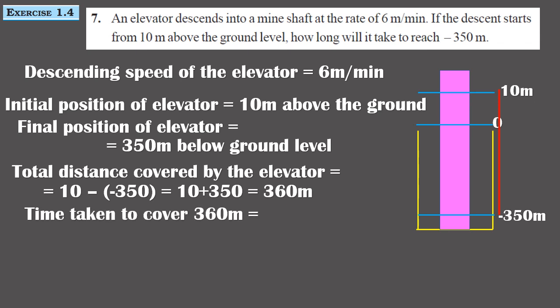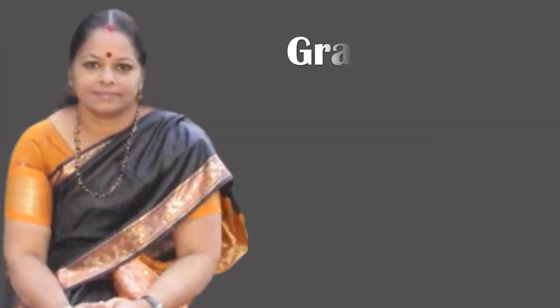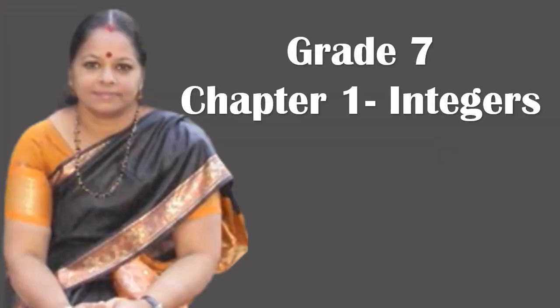So the time taken to cover 360 meters, let us find out. 360 divided by 6, because 6 meters per minute is the speed, equals 60 minutes. So let us convert into hours. That means it will take 1 hour. Hope you understood. So that's the end of this exercise. Thank you.